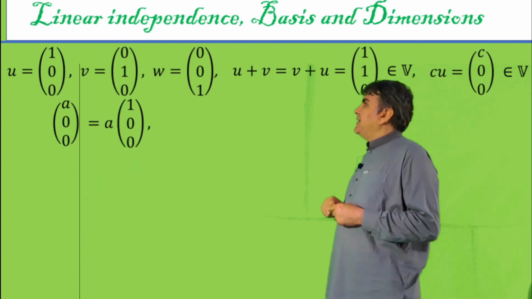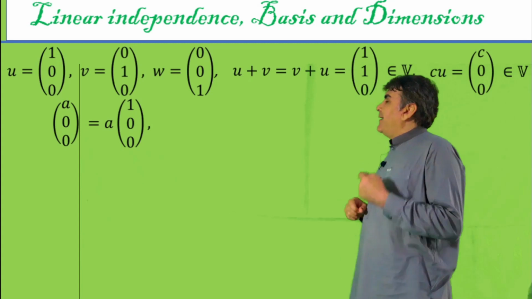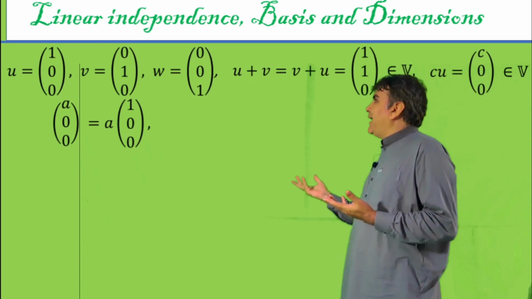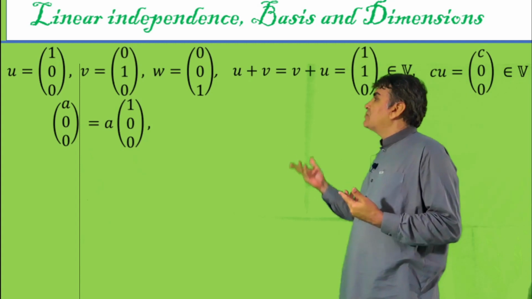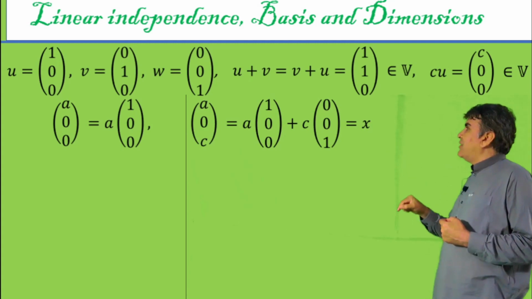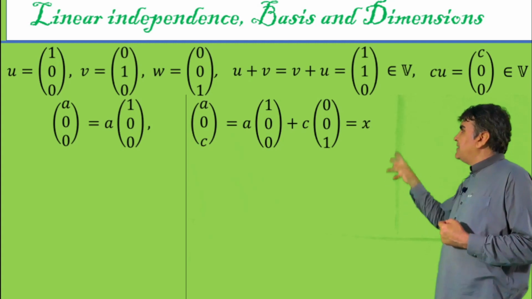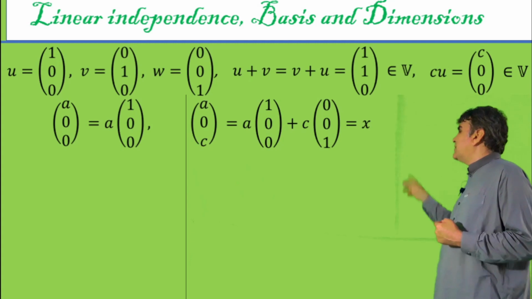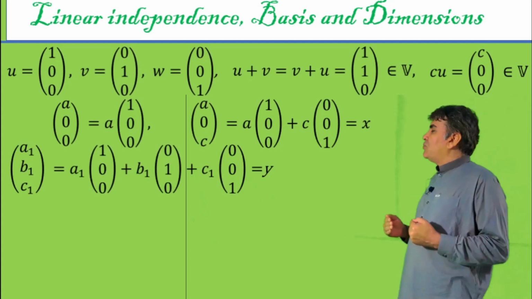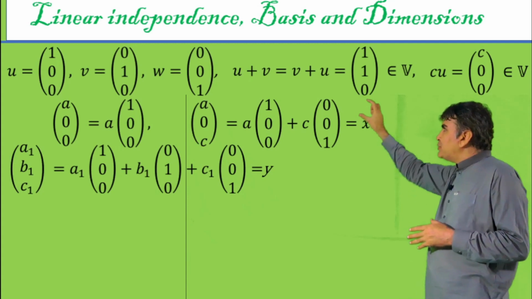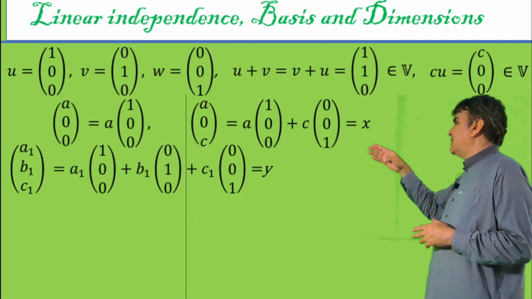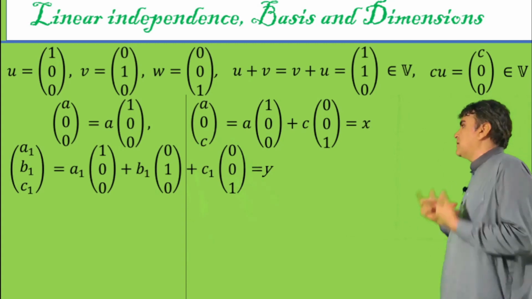For example, in the first case, I can construct an element A times U. That is again a column matrix, where A belongs to F, so this matrix belongs to the space V. In the second example, I can construct a vector with first and third entry not equal to 0, that is A, 0 and C, as a linear combination of the first multiplied with A and the third multiplied with C. And similarly, I can construct another column matrix with none of the entries equal to 0 as a linear combination of all those three matrices in the form of A, B, C, where A multiplies the first column matrix, B multiplies the second column matrix, and C multiplies the third column matrix.